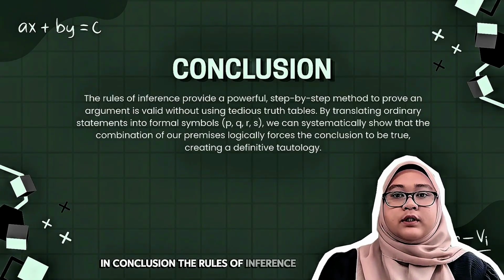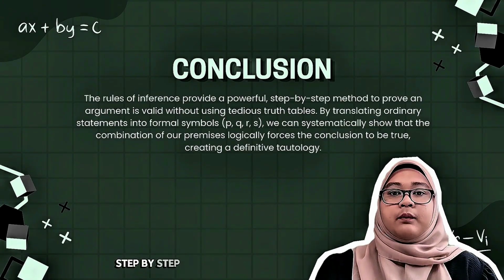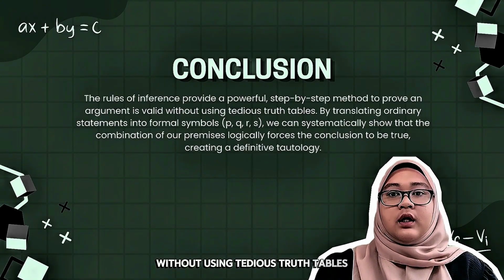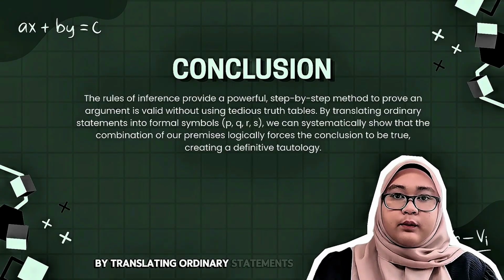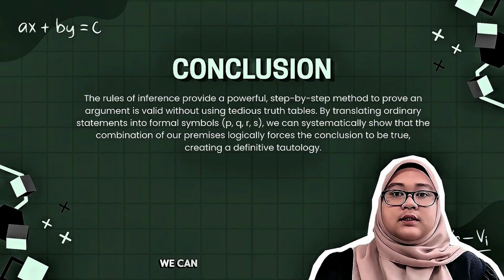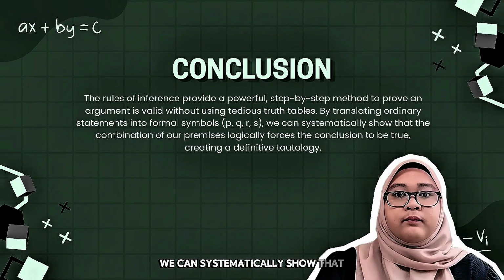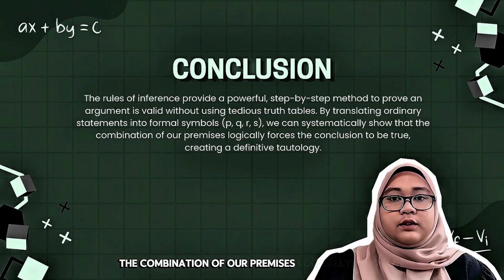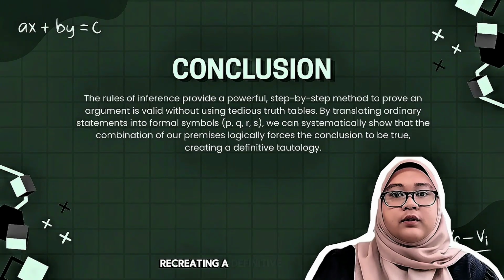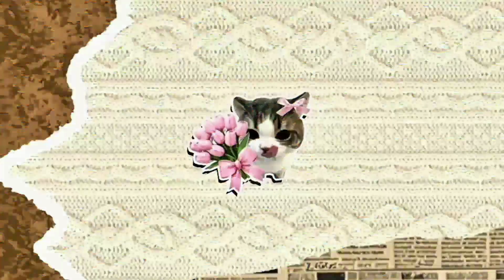In conclusion, the rules of inference provide a powerful step-by-step method to prove an argument is valid without using tedious truth tables. By translating ordinary statements into formal symbols, which are P, Q, R, or S, we can systematically show that the combination of our premises forces the conclusion to be true, creating a definitive tautology.